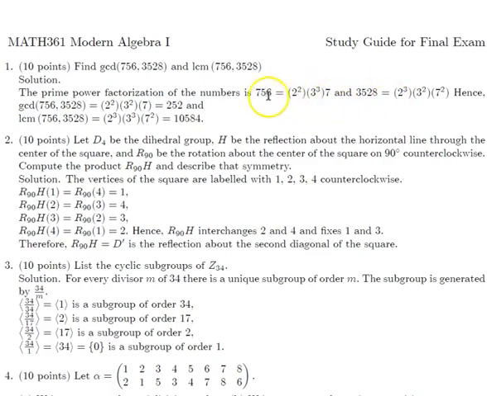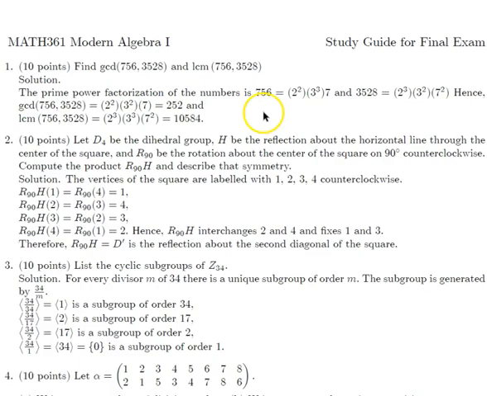This way, in both factorizations, we'll have the same primes involved. Here we don't have a 0 exponent, but in some cases a 0 exponent will be needed.